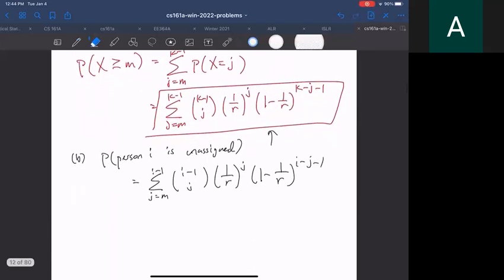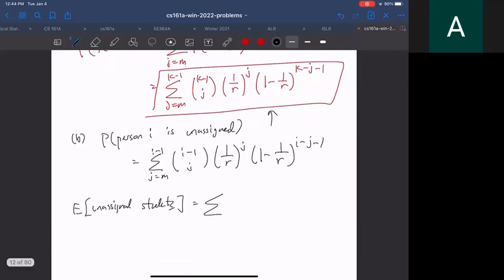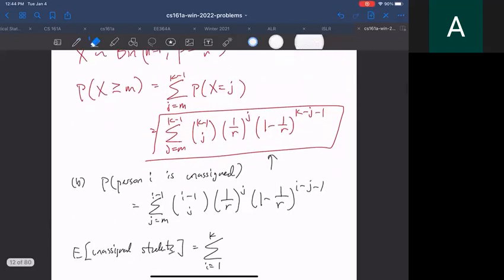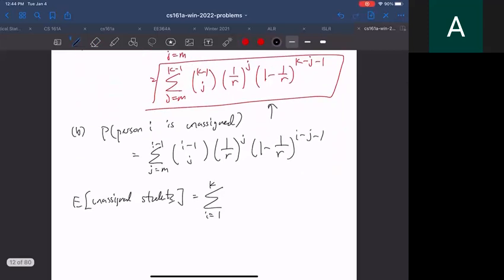So then what is the expected number of students unassigned? That's equal to the sum of the probability that each student is unassigned. So i equals 1 through k minus 1 students. Actually, we would have to do this until k, because we have to consider the last student, the kth student, as well.